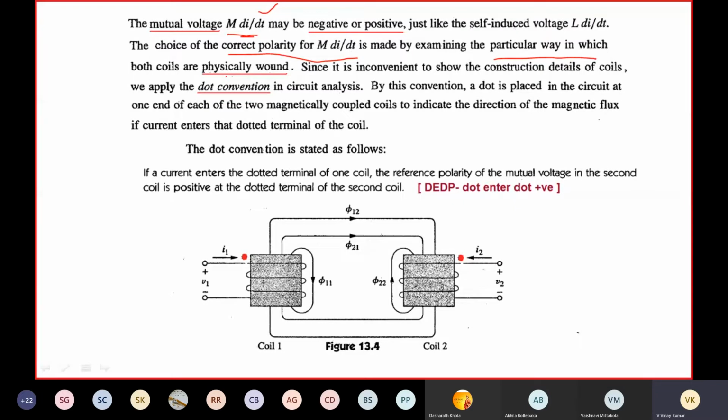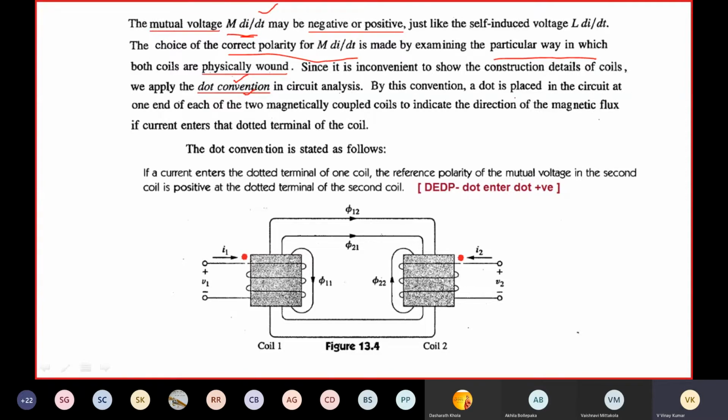Since it is inconvenient to show the construction details of coils, we apply dot convention to know the polarity of the induced voltage in circuit analysis.